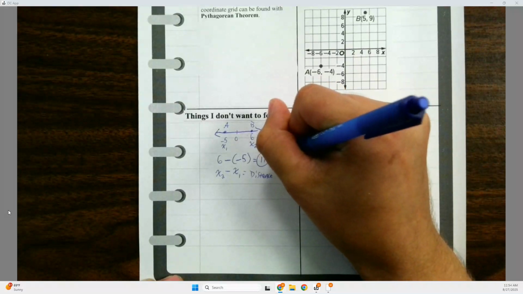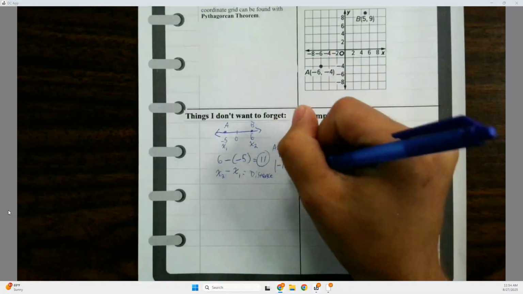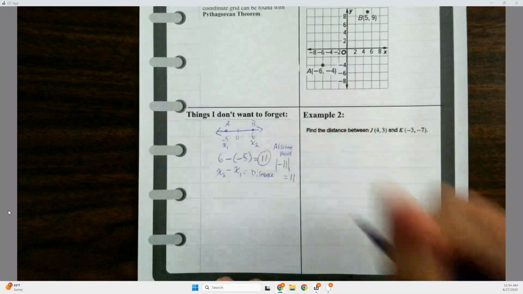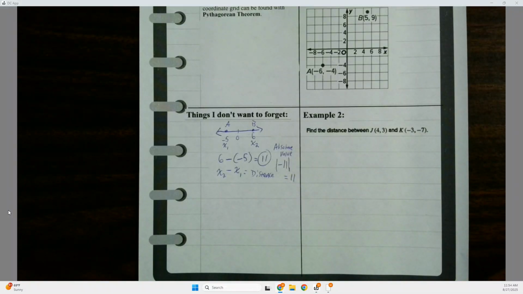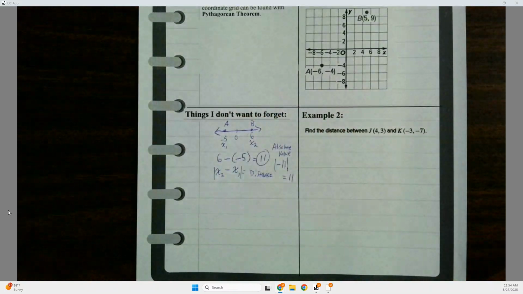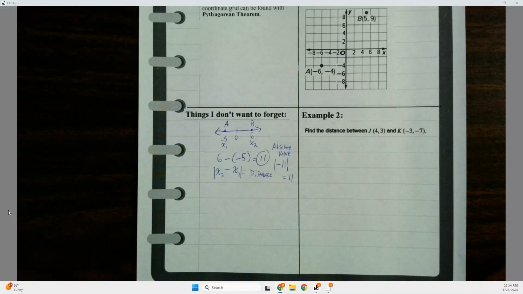Absolute value is just two lines up and down next to a number, and all that means is whatever number is there becomes positive. So if it's -11 in absolute value, it's actually positive 11. And so if I put absolute values for my distance, then it will always be positive and I'm good to go.